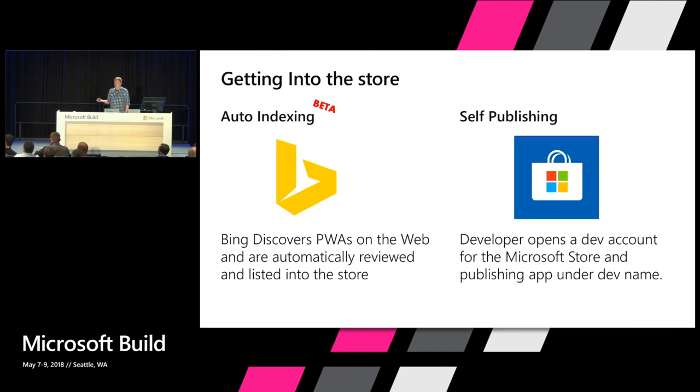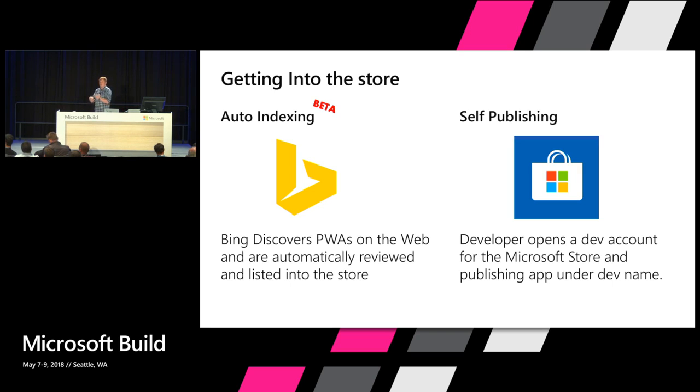There's two ways that your application can be listed in the store. The first one is through a beta program that we have where we're doing auto-indexing. We already have this crawler called Bing that is going out there and looking at the internet all day long. So it's building data for us about the progressive web apps that it finds.